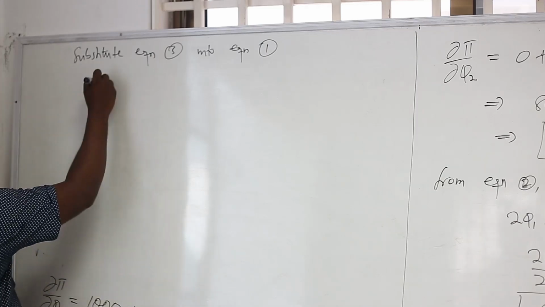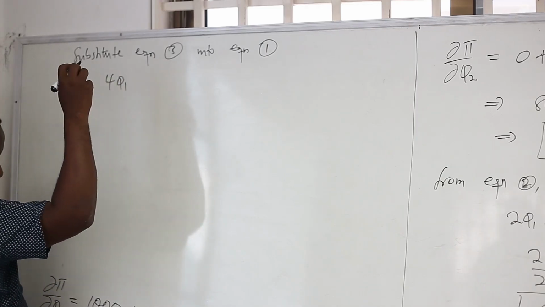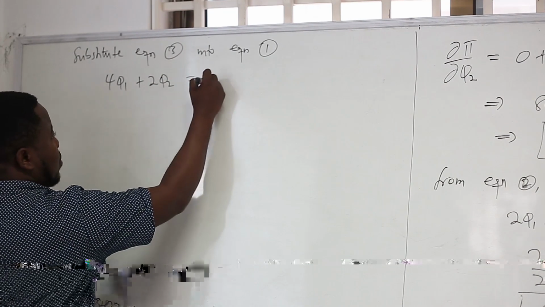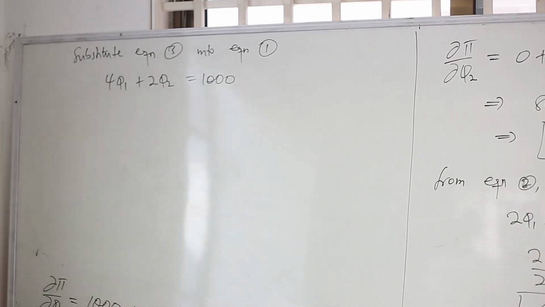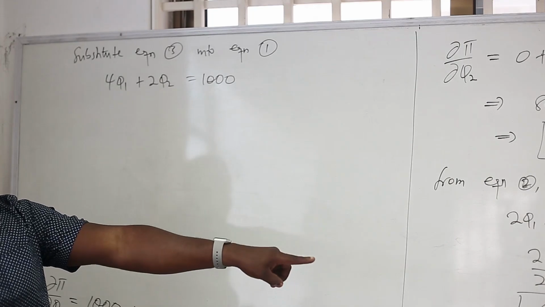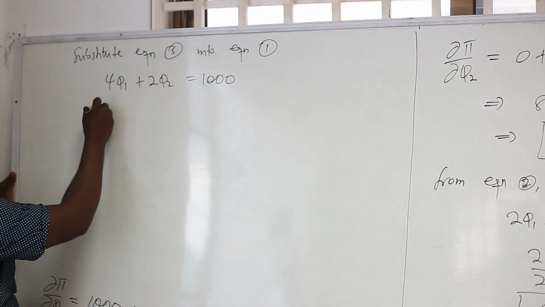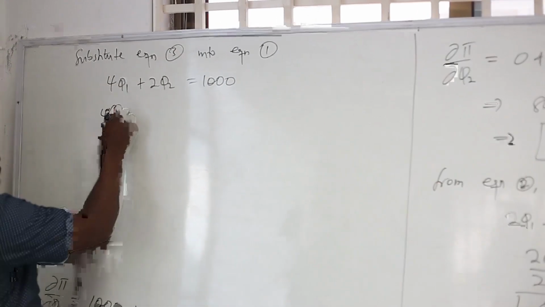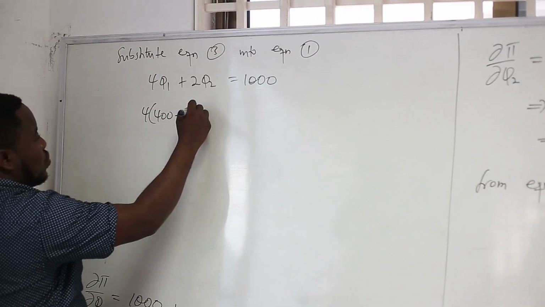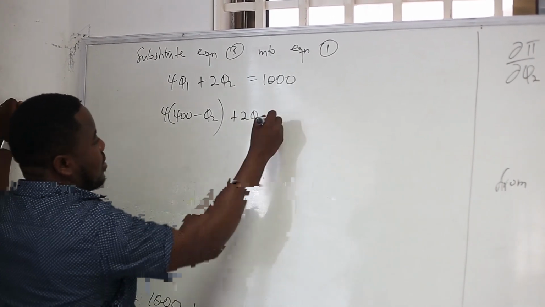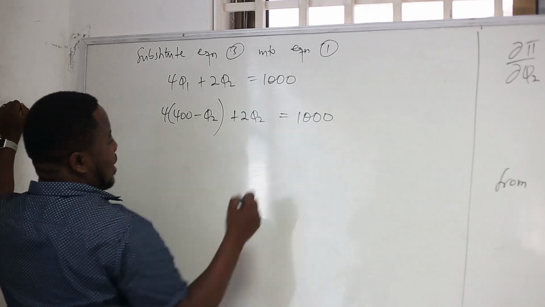So equation 1 we have 4Q1 plus 2Q2 is equal to 1000. Okay, so it means that whenever I find Q1, I put 400 minus Q2 there. So I have 4 into brackets Q1 is 400 minus Q2, then plus 2Q2 is equal to 1000.